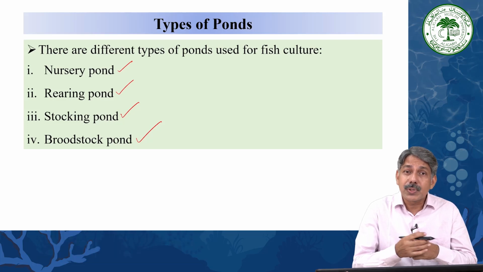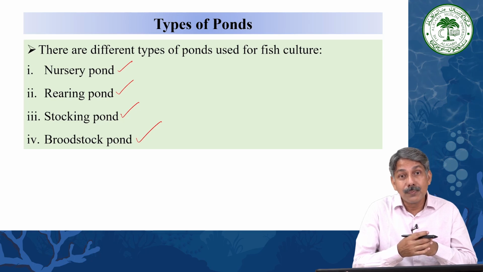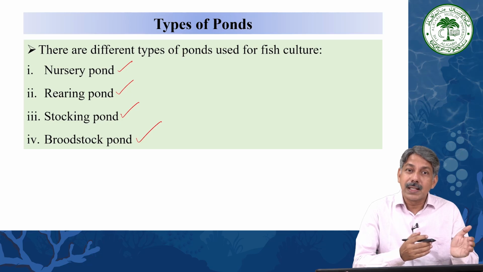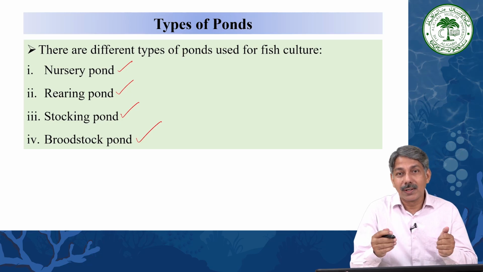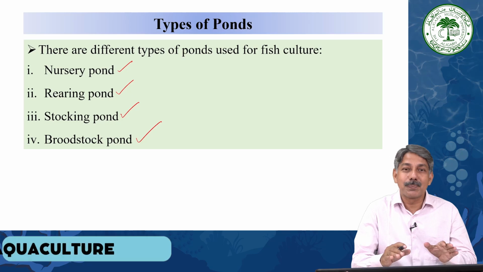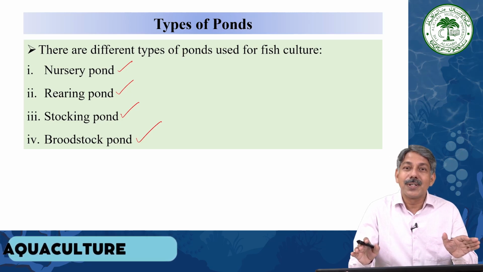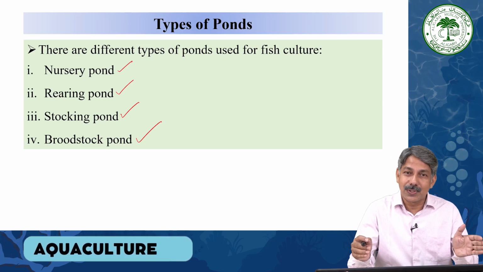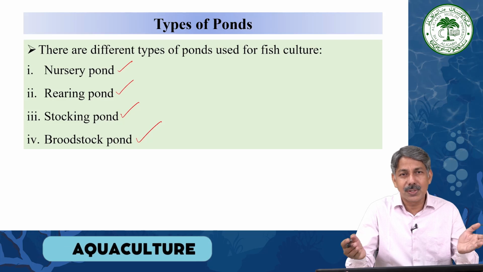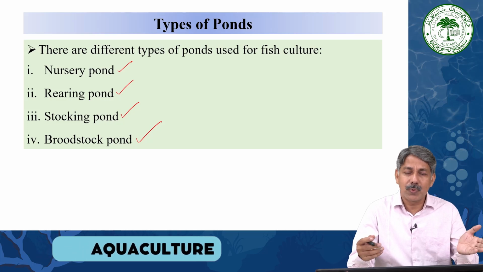Or sometimes you get fish seed from outside of your area, and the fish may carry something harmful to your pond which is not present in your pond, some pathogen or something. So that pond may act as a quarantine pond, where you can keep that fish, whether fish seed or broodstock or whichever stage of fish you have brought.